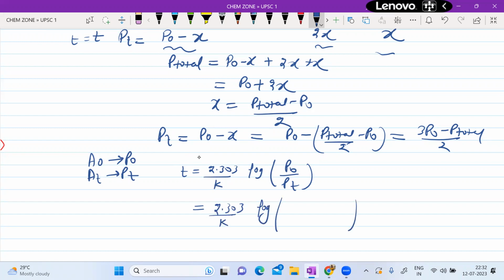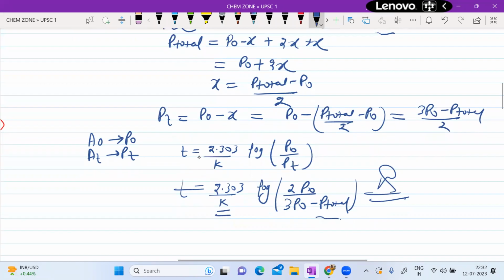So in place of Pt, if we put the value, we find the expression for the relation between the rate constant, initial pressure, and the total pressure of gas in a first order reaction.